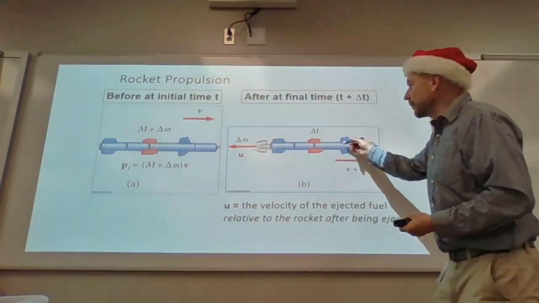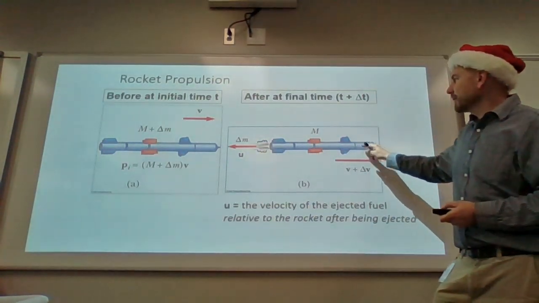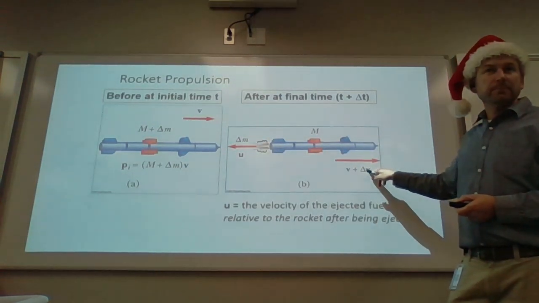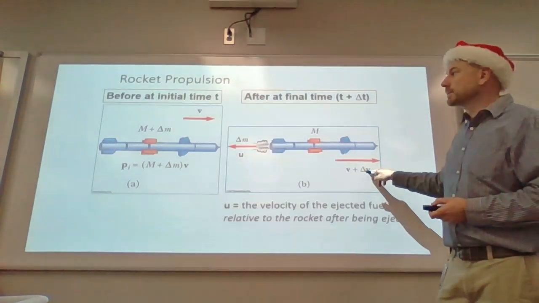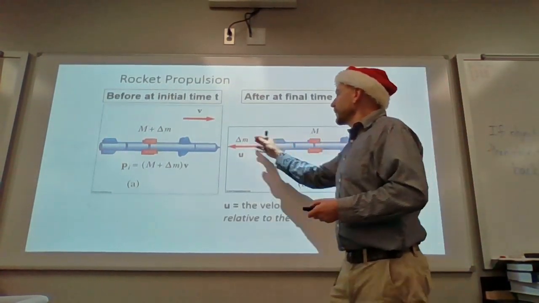The consequence is we've gained a little bit of speed. The capital M is the mass of the rocket after this is ejected.